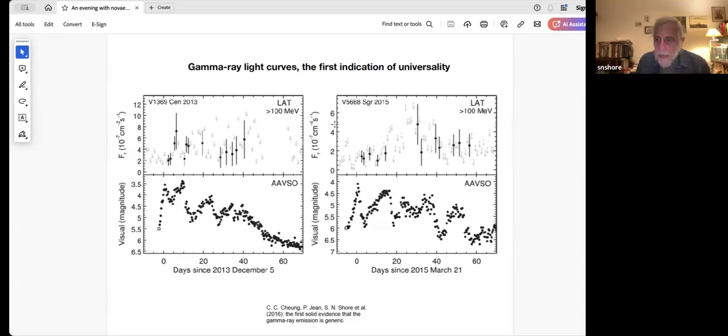The alternative is synchrotron, that you have relativistic electrons that are trapped in a magnetic field, the same thing that produces the radio emission in the Crab Nebula and in any supernova remnant, that these electrons have been accelerated by some process, presumably by the colliding shocks, and they radiate in the gamma rays as well as in the optical.